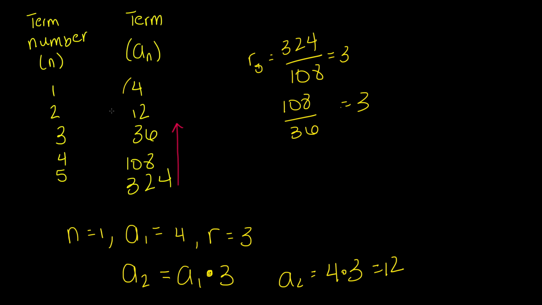We could continue this pattern over and over again. So a sub 3 is equal to a sub 2 times 3, which is again correct, because a sub 2 was 12, and 12 times 3 is 36. This pattern repeats itself.